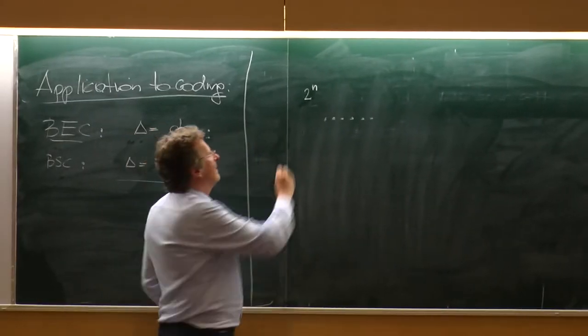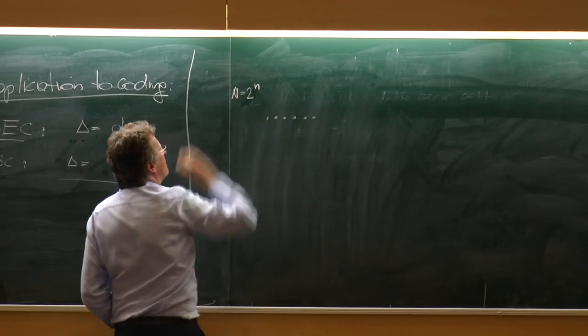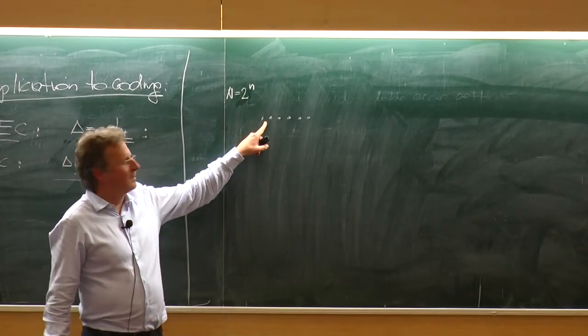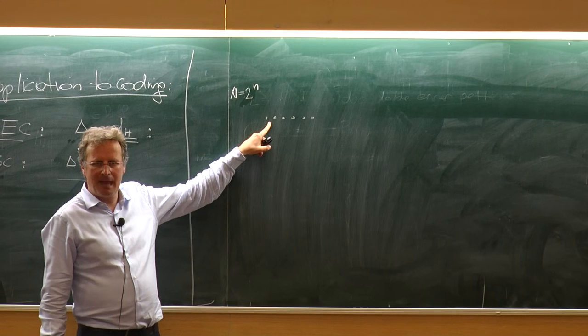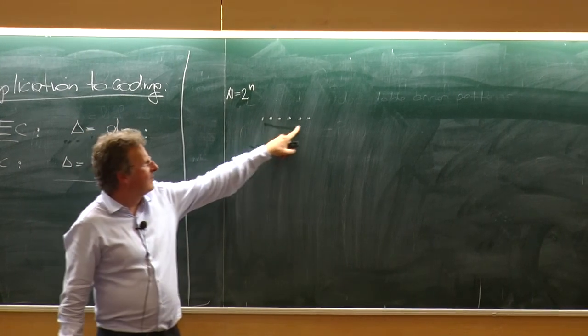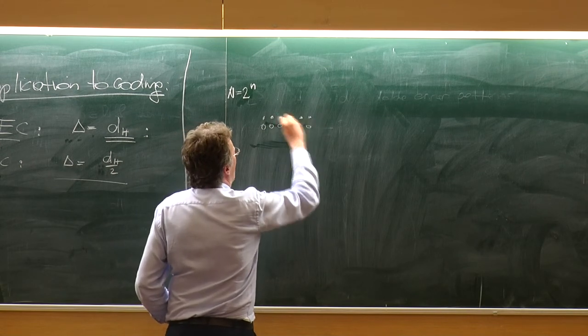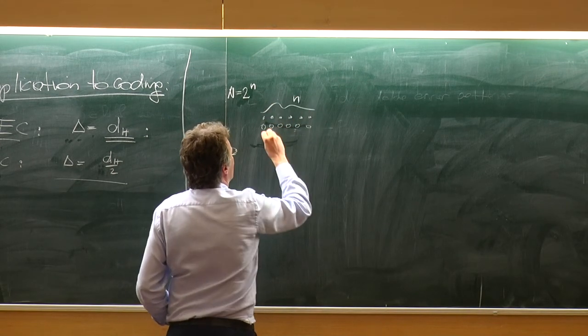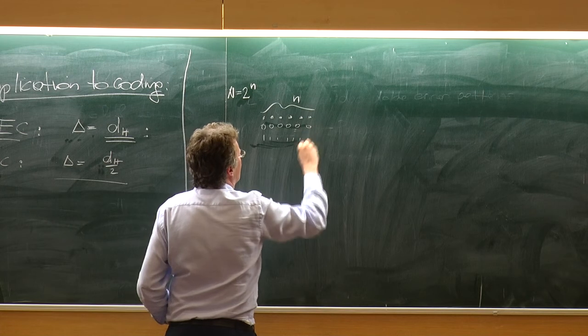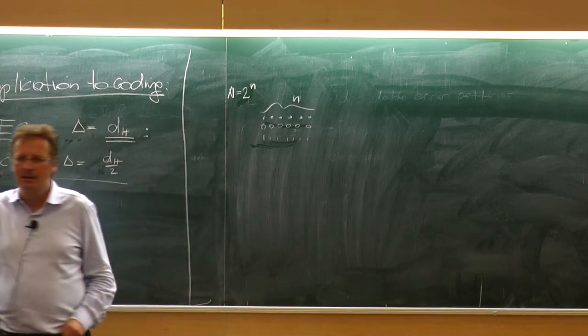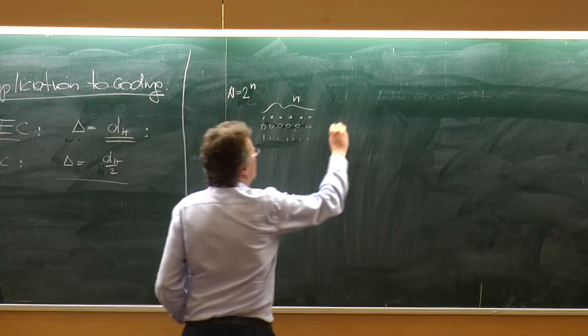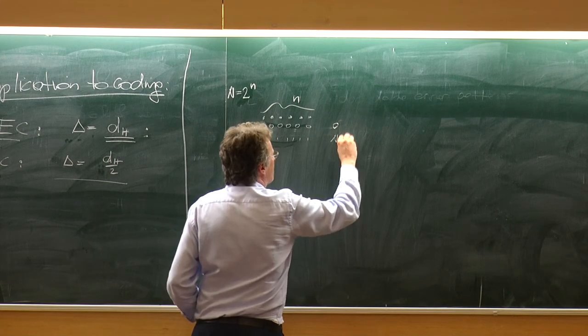So the capital N, the block length, is 2 to the small n, and all the positions from 0 to capital N minus 1 can be put in one-to-one relationship to all the vectors of length small n, from 0 to 1, 1, from 0 to 1, 1, 1, okay? So this is, of course, 0 here, and this is n minus 1.